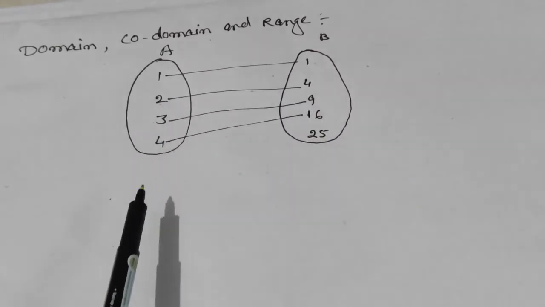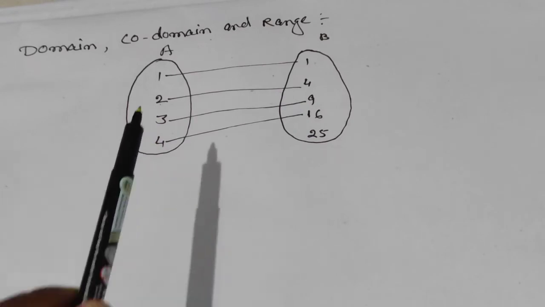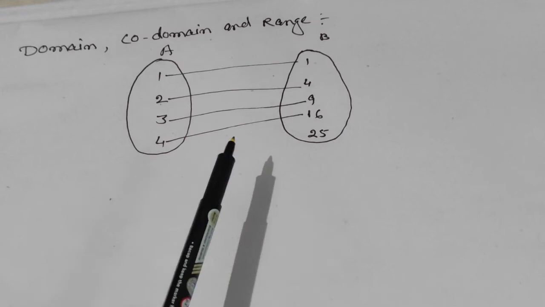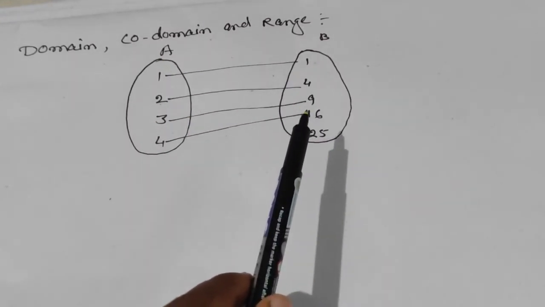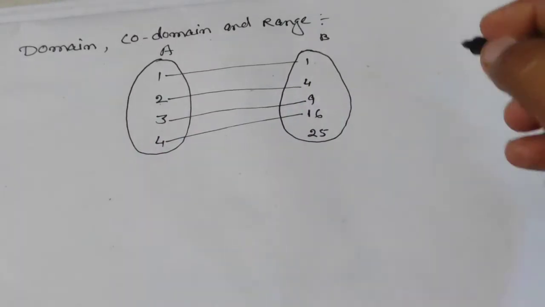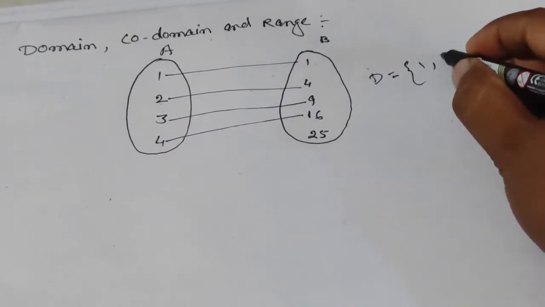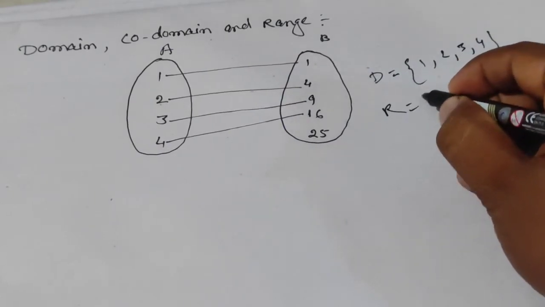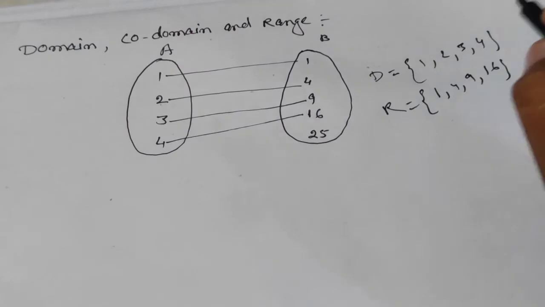The first elements from set A are called the domain, that means 1, 2, 3, 4 is the domain. Then 1, 2, 3, 4 are related to 1, 4, 9, 16, and these are called the range. So the domain will be 1, 2, 3, 4 and the range will be 1, 4, 9, 16.